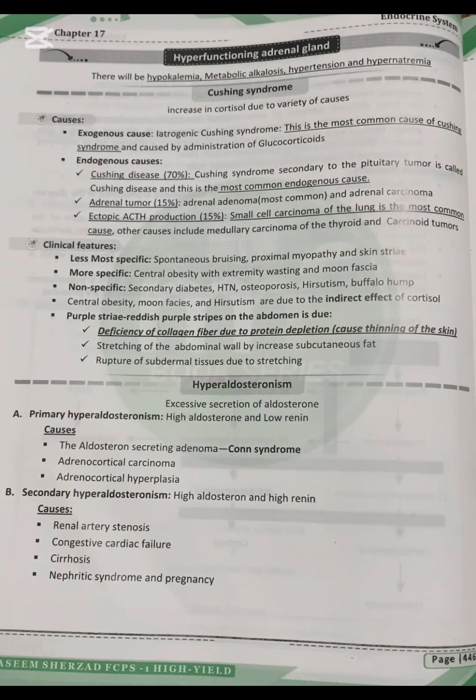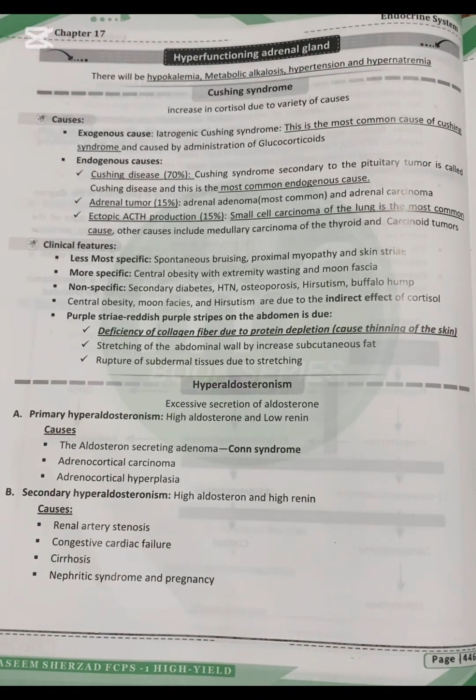Now, I have divided the diseases of the adrenal gland into two parts. Either the adrenal gland will be hyperfunctioning, meaning everything will be released: aldosterone, steroid. The second arm can be hypofunctioning, meaning the adrenal gland is not working, and the disease causes the adrenal gland to stop production of aldosterone and steroid.